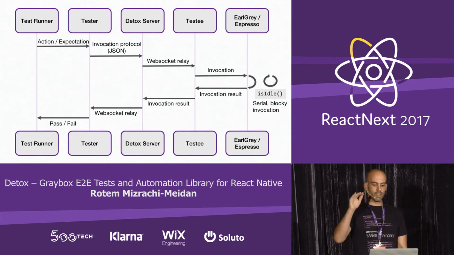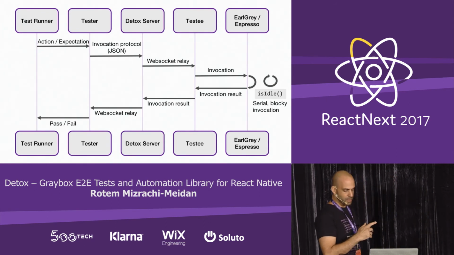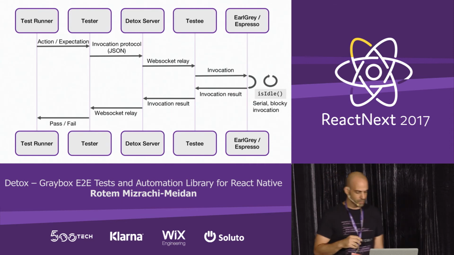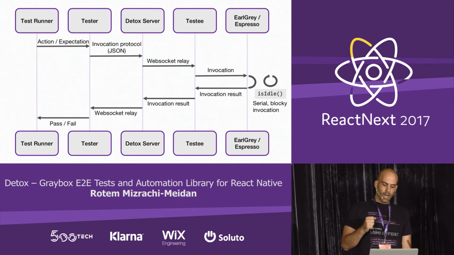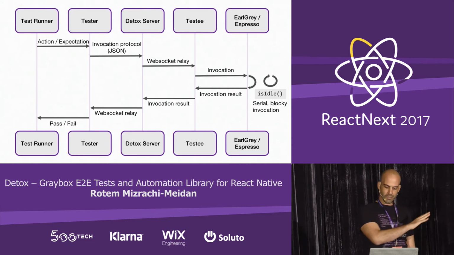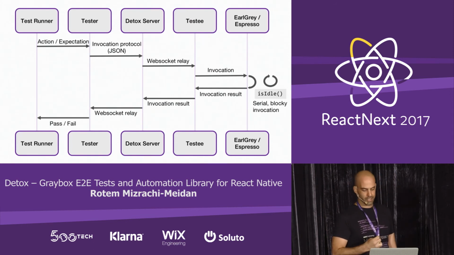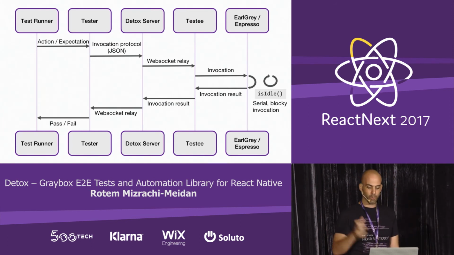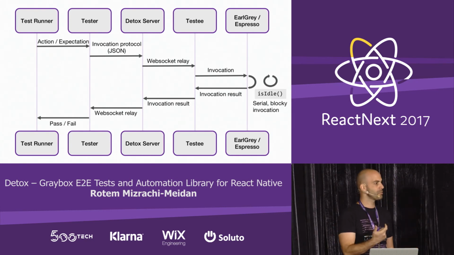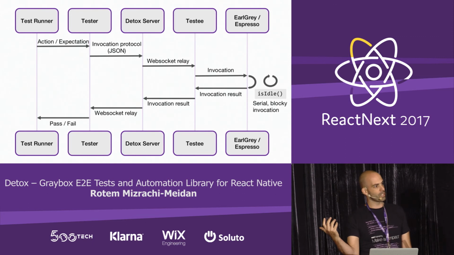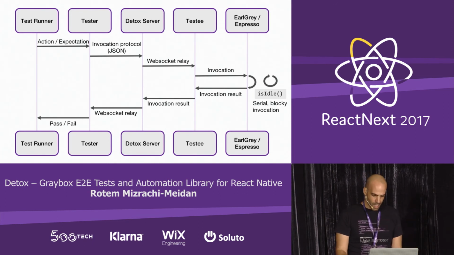So let's take a look at a high-level diagram with a few examples so you can understand how Detox works. First, we start with the test runner. We run an action or an expectation, and then we await on a promise. Then this expectation is serialized into a nested invocation JSON. This is the protocol I talked about instead of WebDriver.